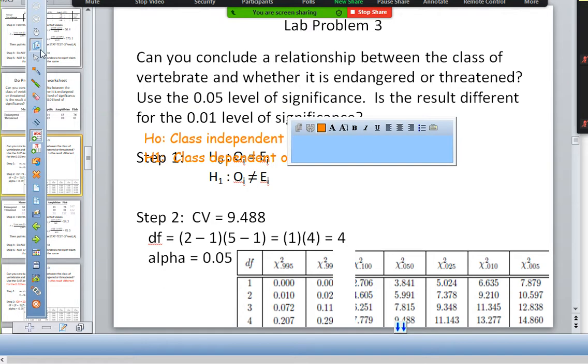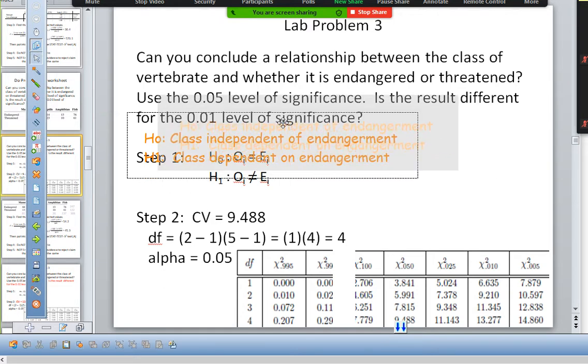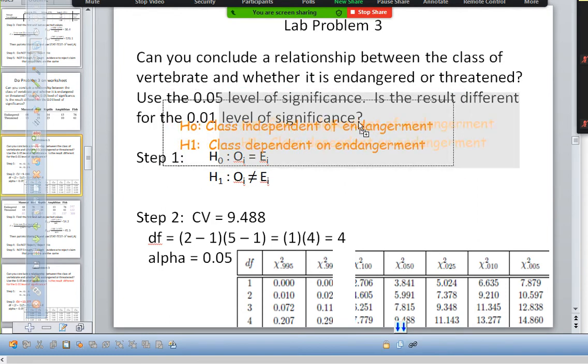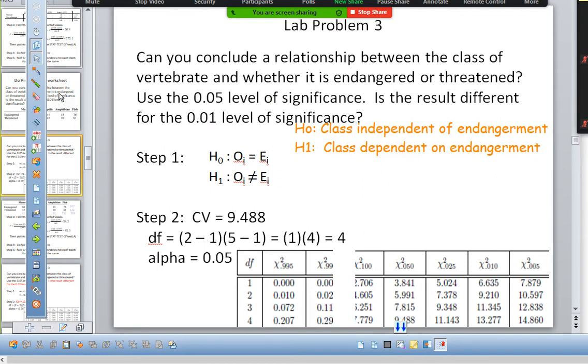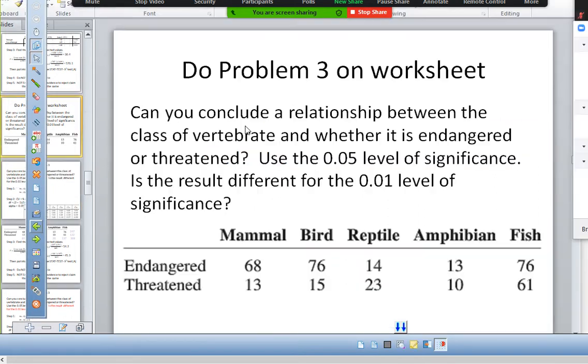Which problem was this? Lab problem 3? Is this not lab problem 3? On the quiz? Yeah, it is. It's the mammal thing. It's this one right here, the one you guys are just working on right now. When I sent you off, I said work on this problem. You were not supposed to do the one in the quiz. The quiz we're not doing, we did that last class. We already did that problem.